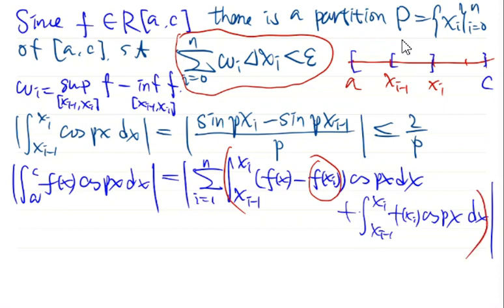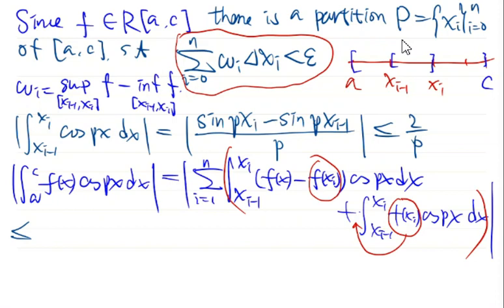And this will not be greater than the absolute value of the first part plus the absolute value of the second part. So in this integral, the f(x_i) does not depend on x, so it can be moved outside the integral.